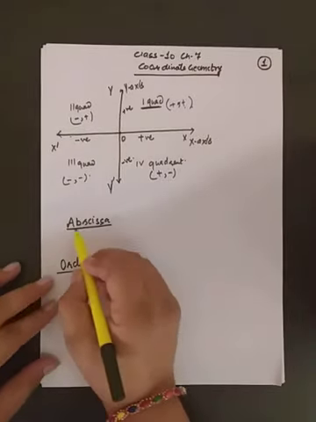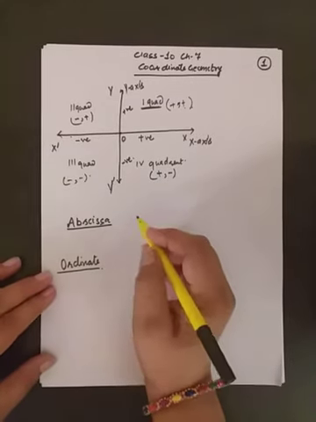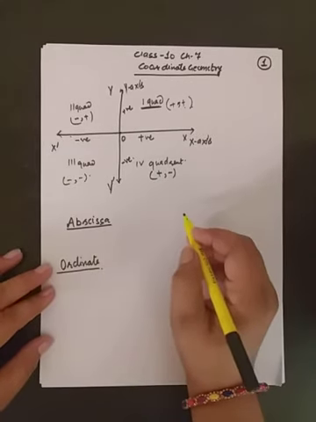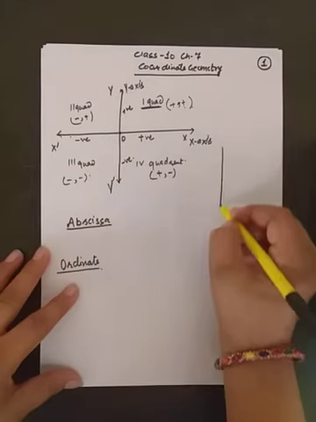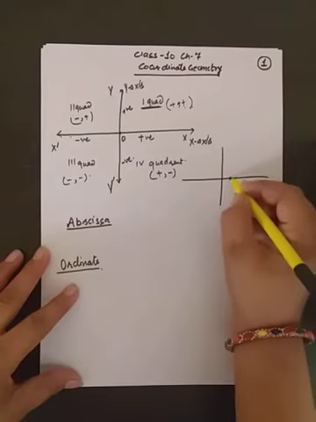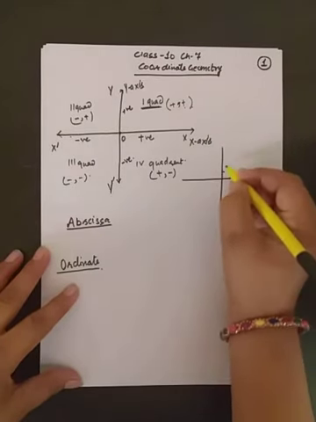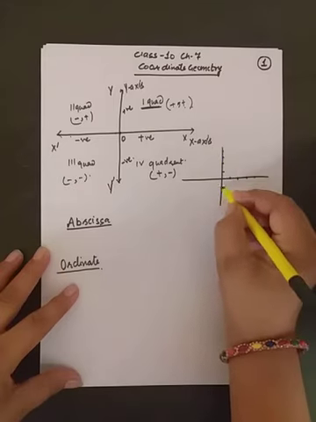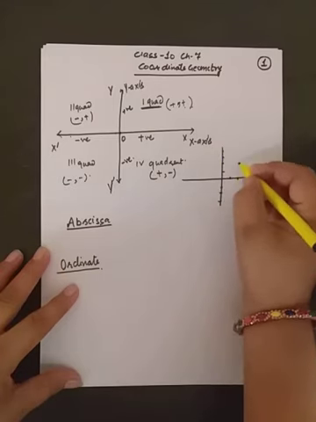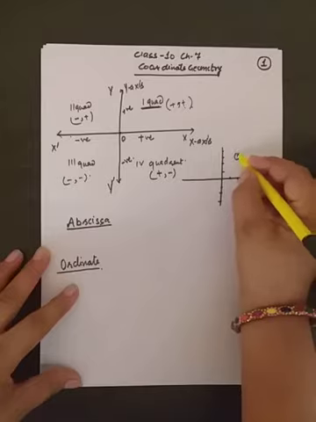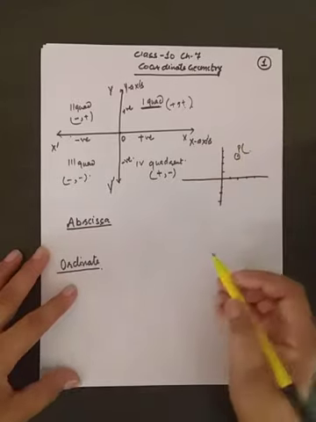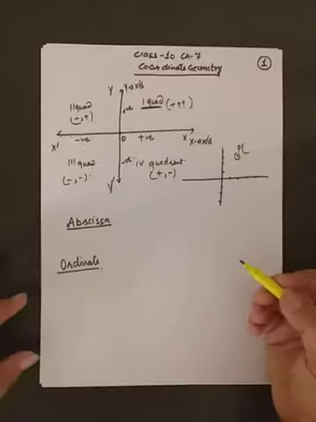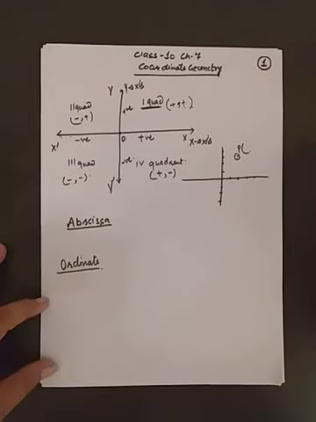Now the question is, what is abscissa? Suppose this is a Cartesian plane and I am taking a point P here. Can you think about the coordinates of this point?